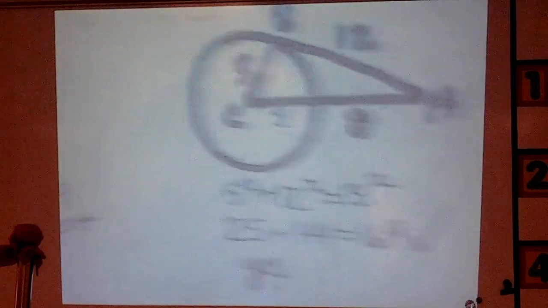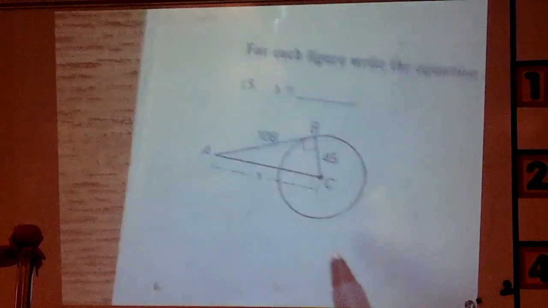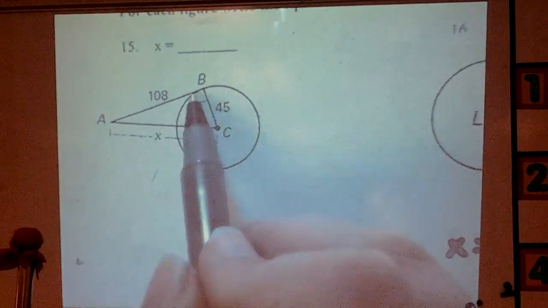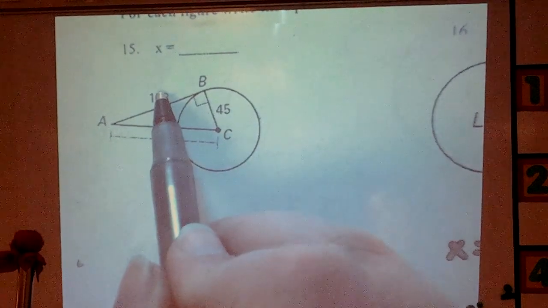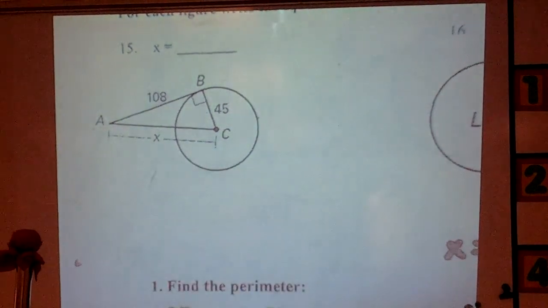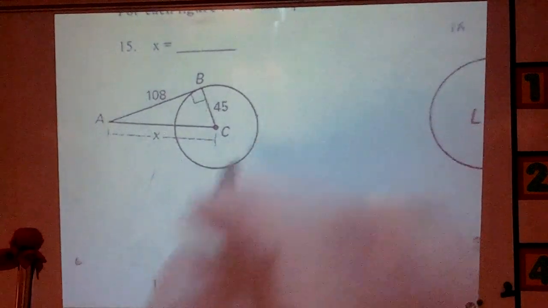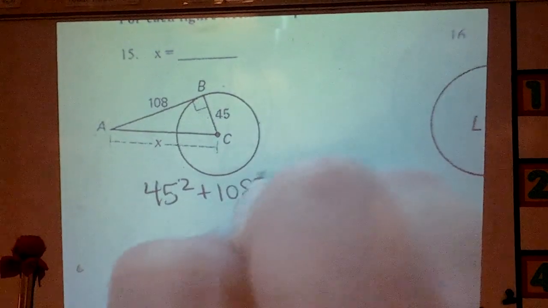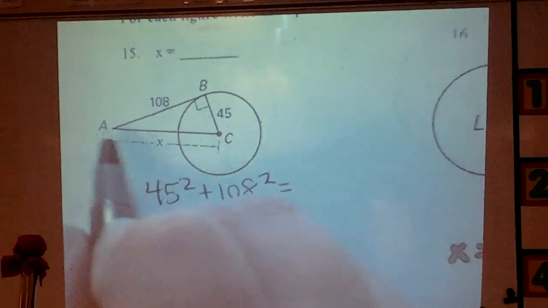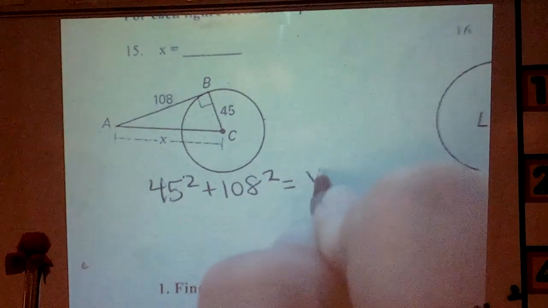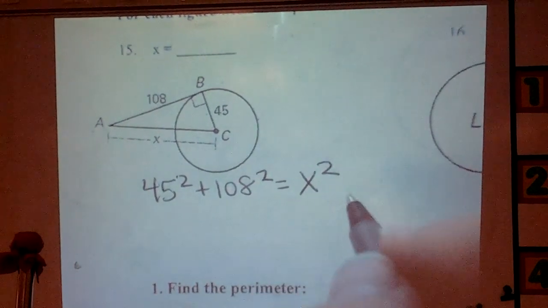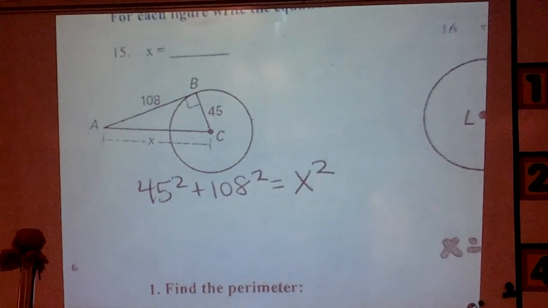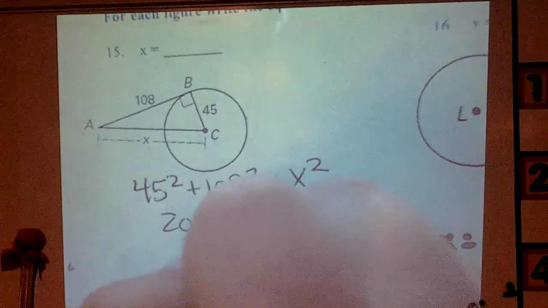The next section, we are going to do the same thing. It's giving me 2 legs and is going to ask me for my hypotenuse. So I would say 45 squared plus 108 squared equals my hypotenuse, x squared. 45 squared is that big number.